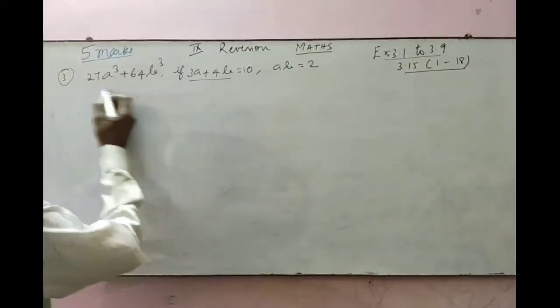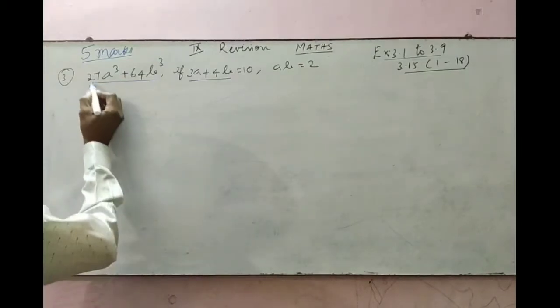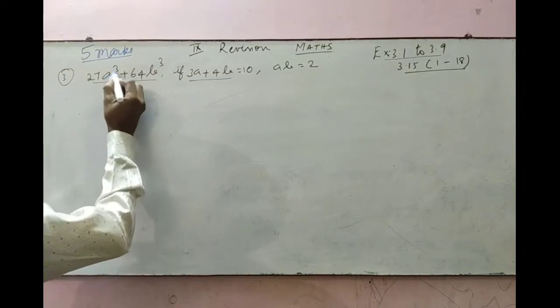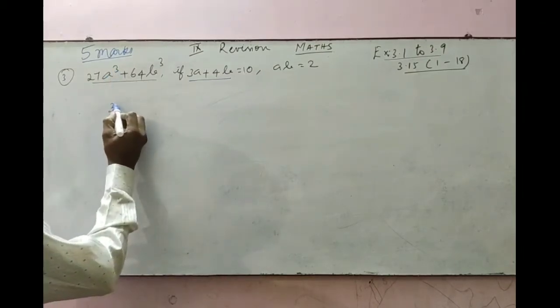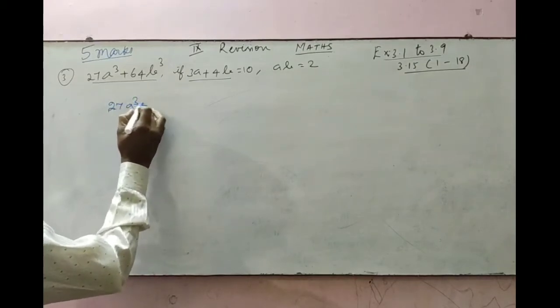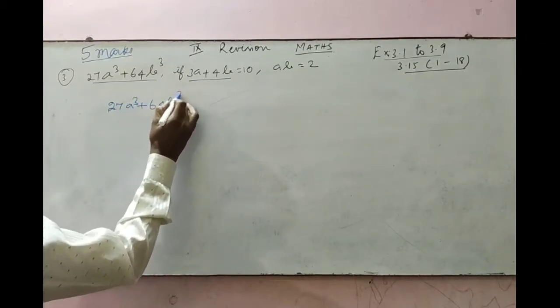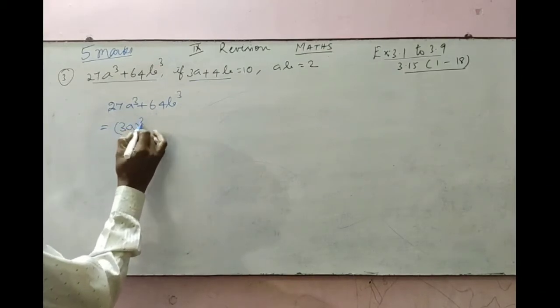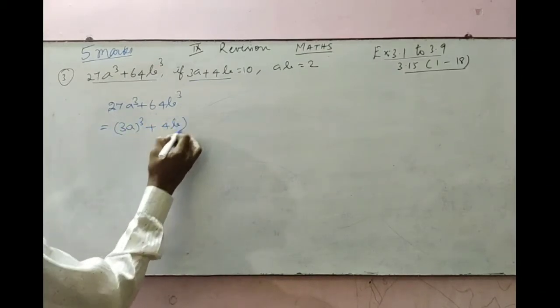Here we have some connection with these two terms. 27 can be written as 3 cube. So 27a cube plus 64b cube can be written as 3a whole cube plus 4b whole cube.